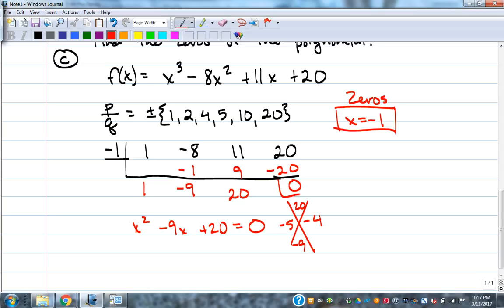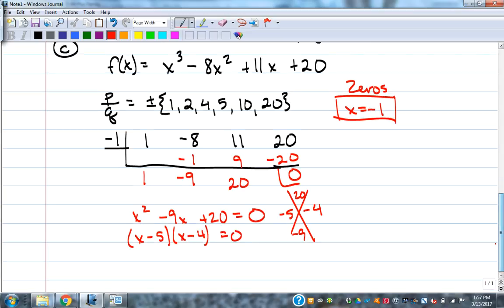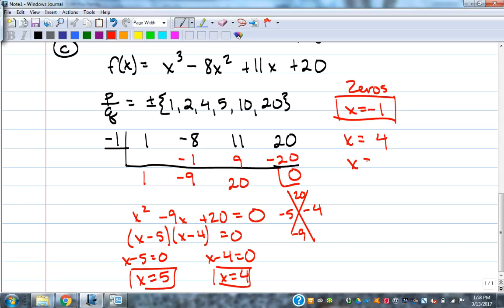Shouldn't be surprised that those two numbers show up because we saw it crossing the x-axis at +5 and +4, right? So the factors are x minus 5, x minus 4, and then x minus 5 equals 0, x minus 4 equals 0. There's where those x-intercepts come from. X equals -1, x equals 4, and x equals 5.